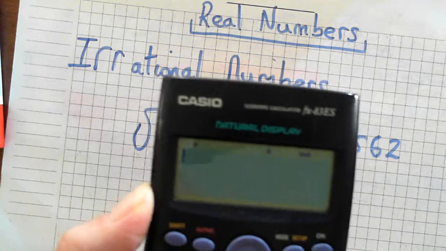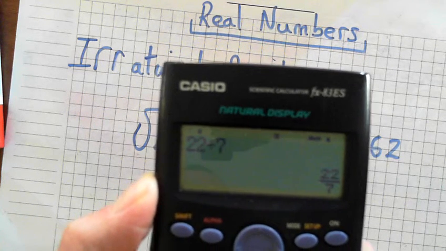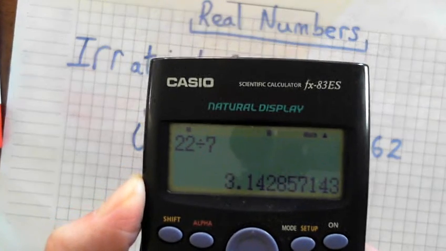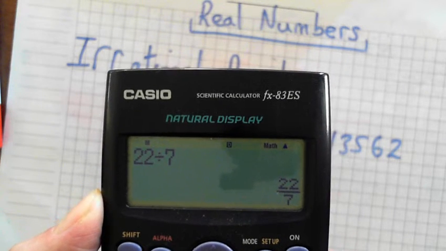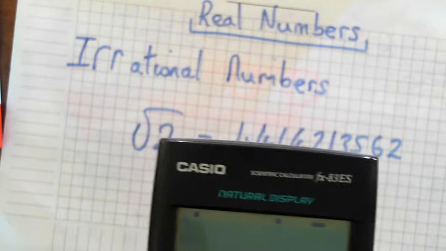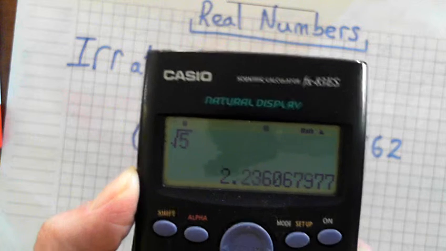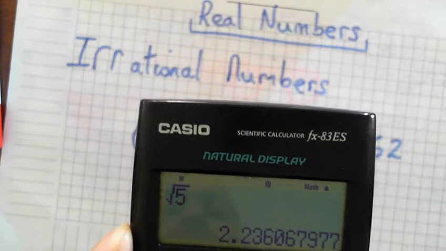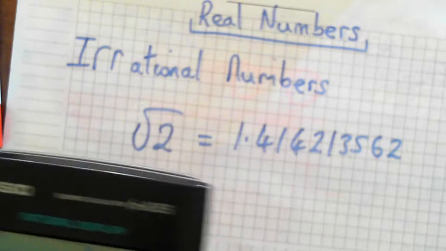For example, 22 over 7, which is pi, is 3.142857143. If I press SD, it can be written as a fraction. So that's rational. Whereas, let's say the square root of 5. If I press SD, it won't come up as a fraction. It comes up as a decimal, 2.236067977. It's irrational. Can't be written as a fraction.